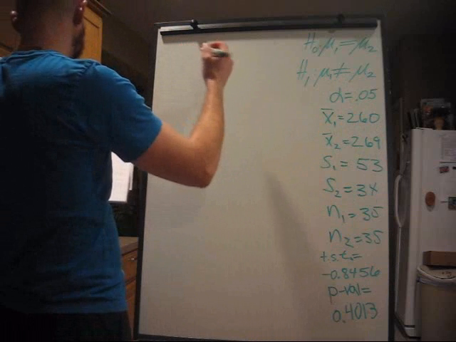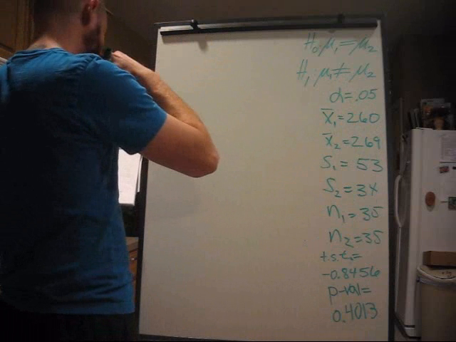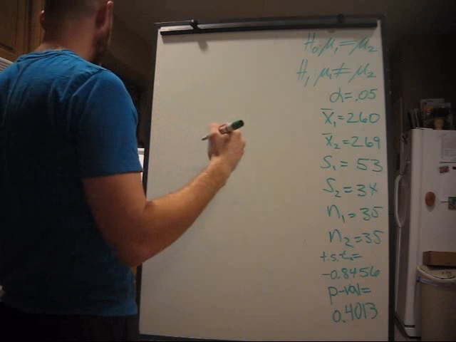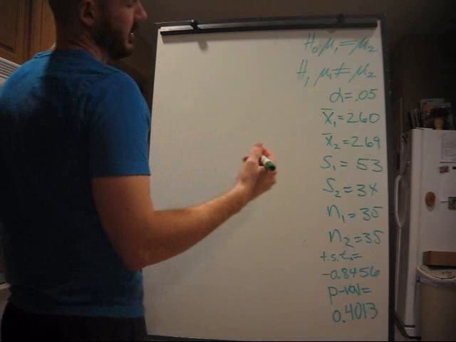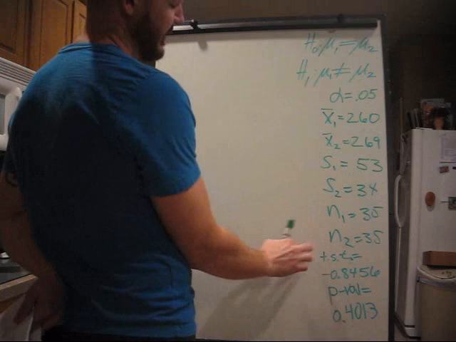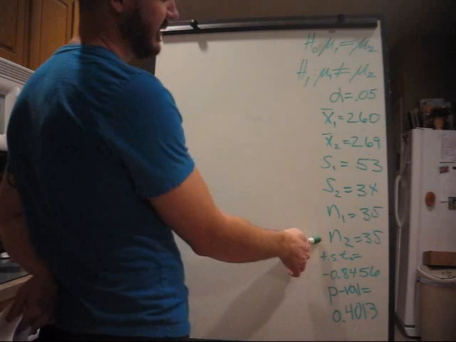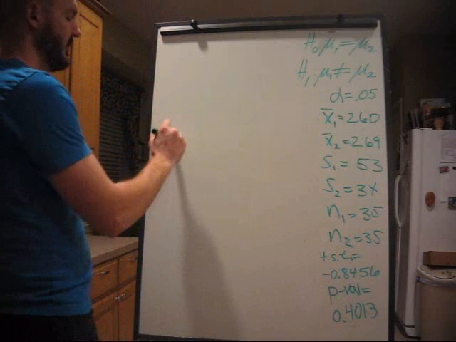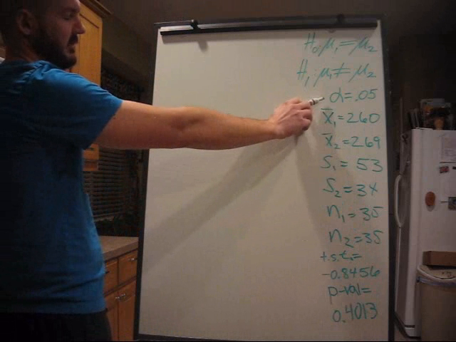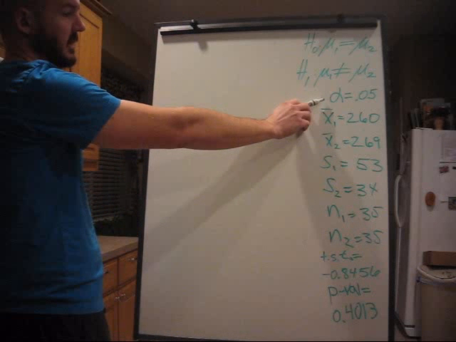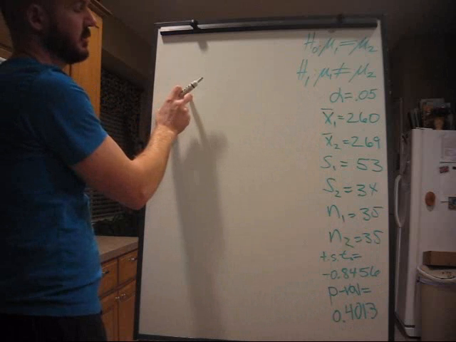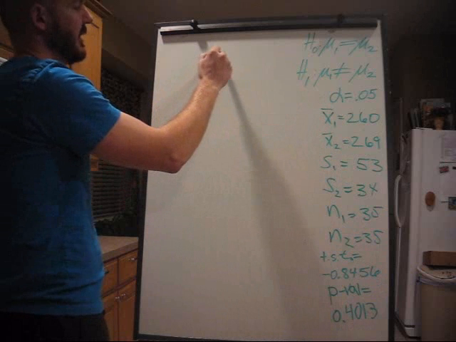So to find the critical value, you're going to go to your t-table. Degrees of freedom is n minus 1, so it's going to be 34 in the left column, and you're going to go under alpha 0.05, but that needs to be split in half because it's two-tailed, so 0.025 on top.